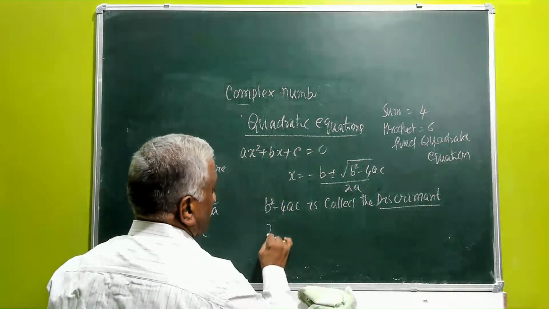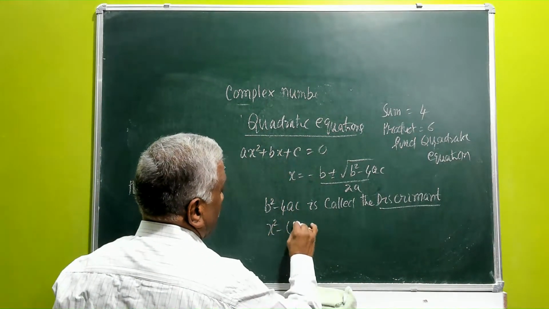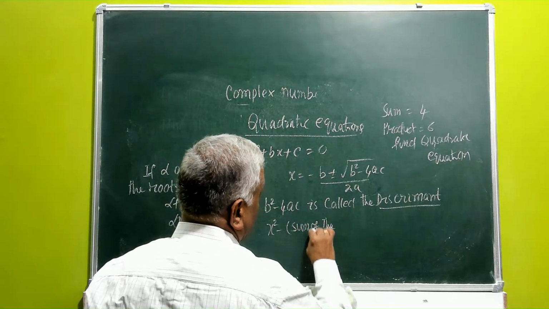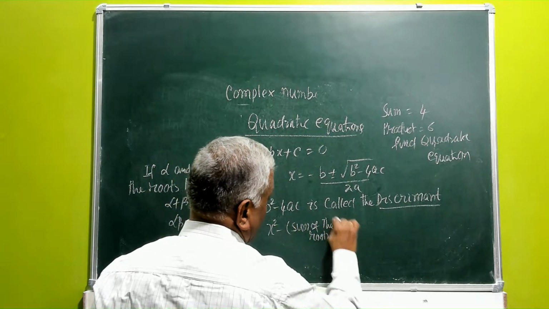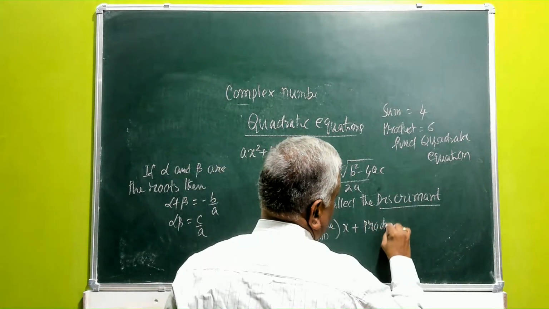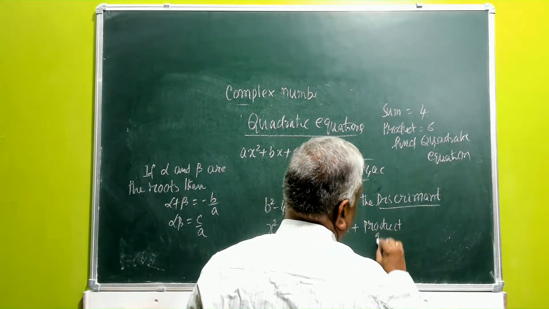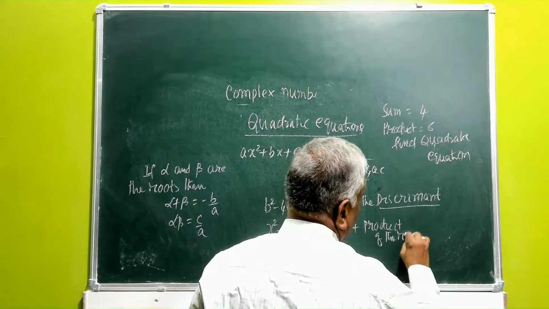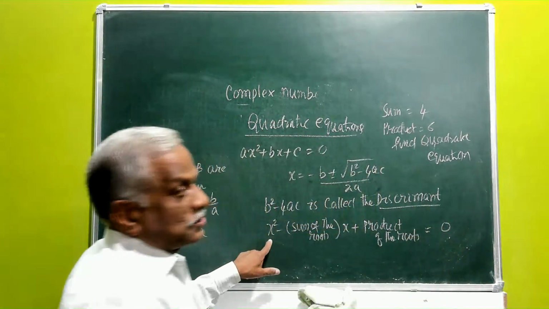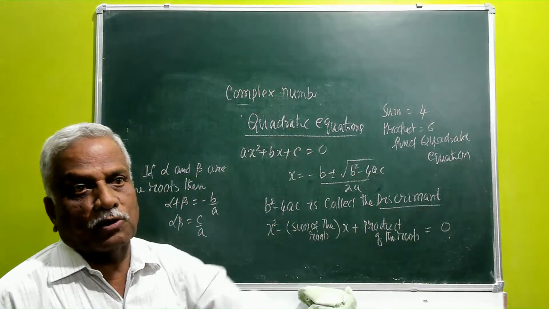For that, you need to remember the formula. The equation is x square minus sum of the roots into x plus product of the roots is equal to 0. This formula you need to remember.